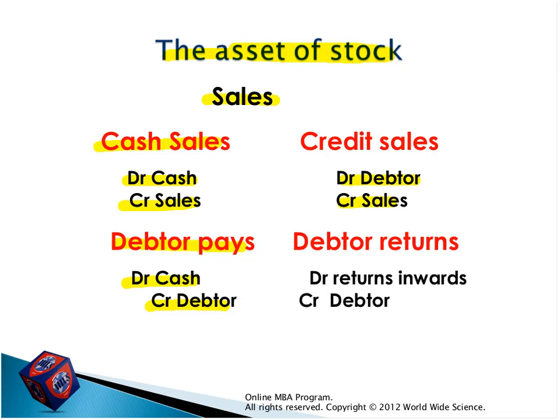Next one, debtors' returns. That means the debtors return the products to us. For example, we sold some goods and now they have returned those goods.